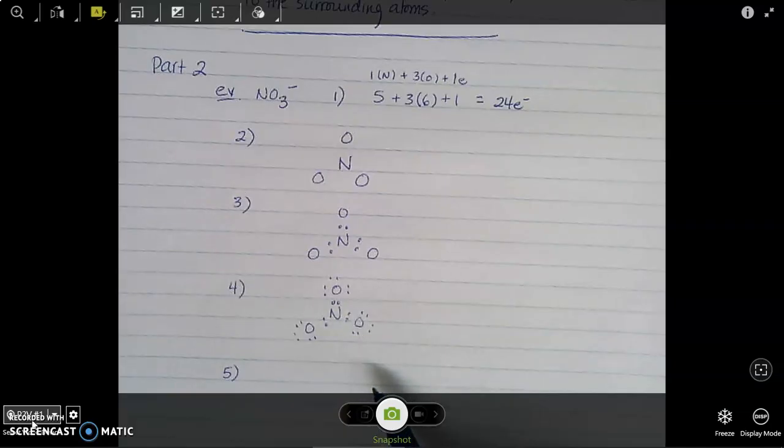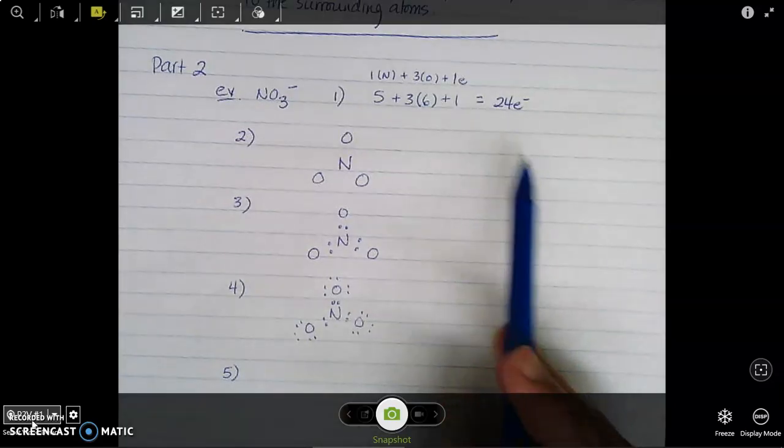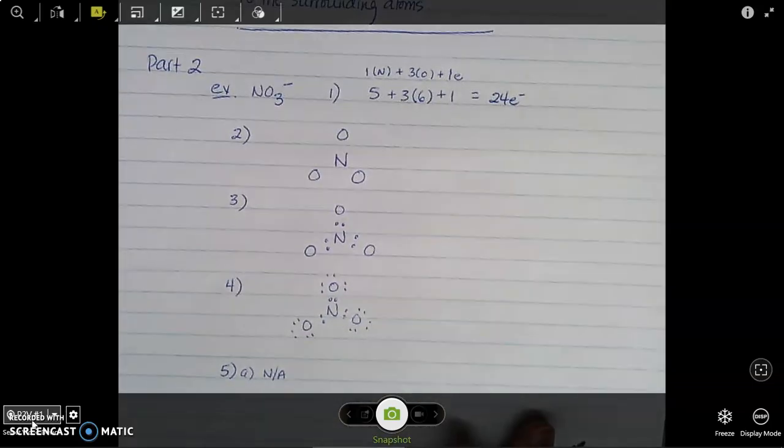And if I do, part A of step 5 tells me that I have to put them on my central atom. So if I count up these electrons, what I'm going to see is that I in fact have 24 electrons on my diagram. Well, I started with 24 electrons. So step 5A is not relevant. I don't have any extras to put on my central atom.